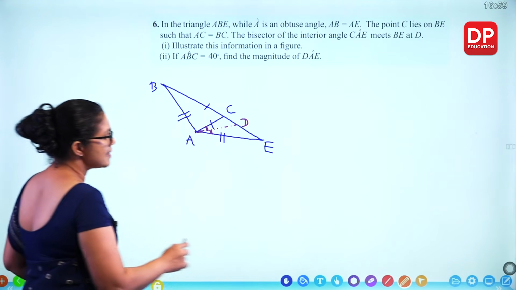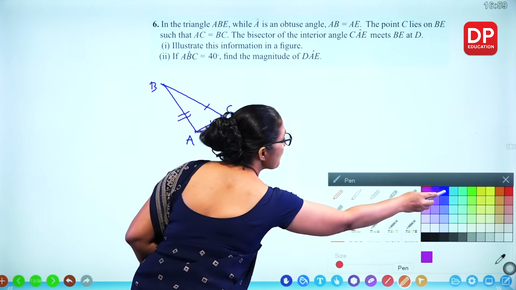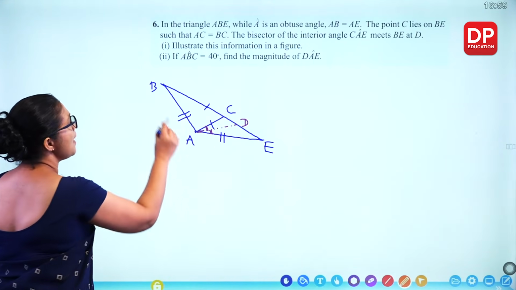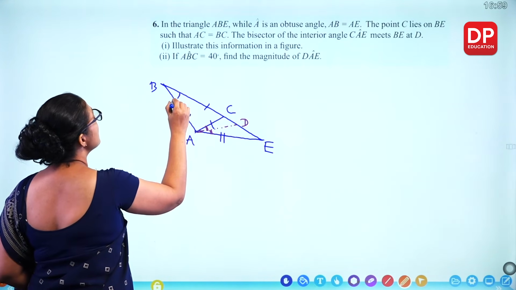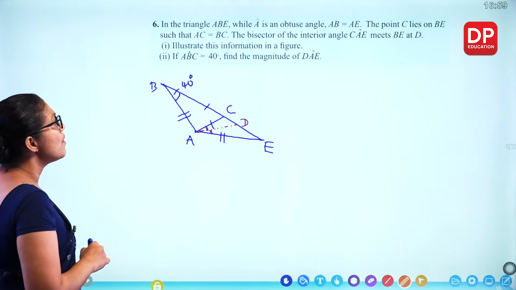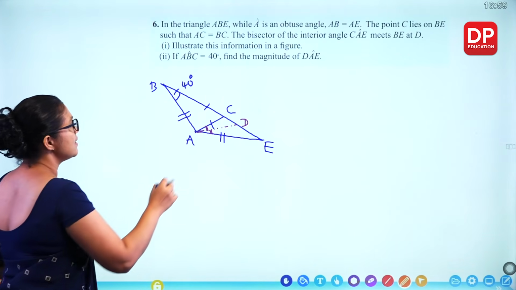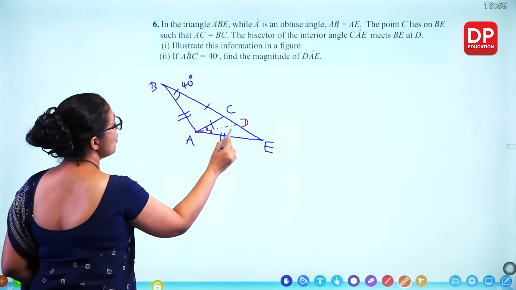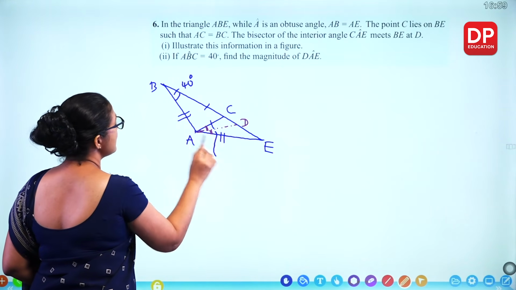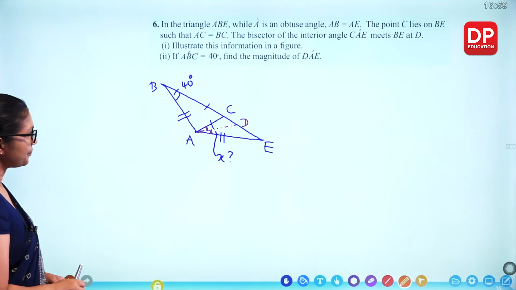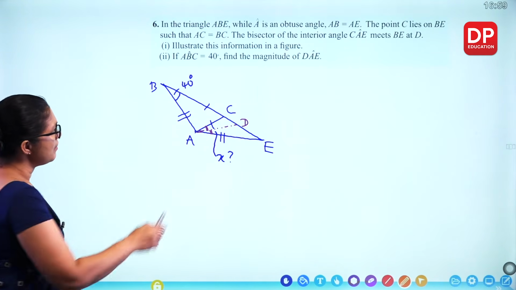And the second part it says, ABC is 40. If ABC is 40, this angle is 40. Find the magnitude of DAE. So DAE angle, we need to find out this angle. We'll put x here. Now look at the diagram.